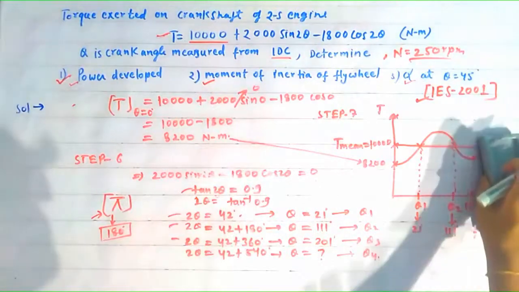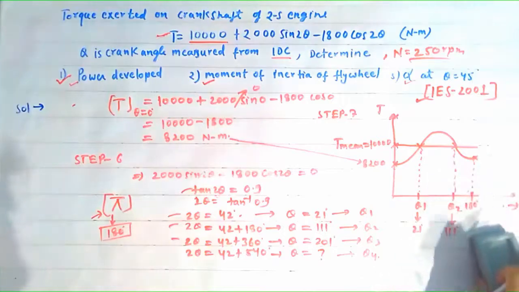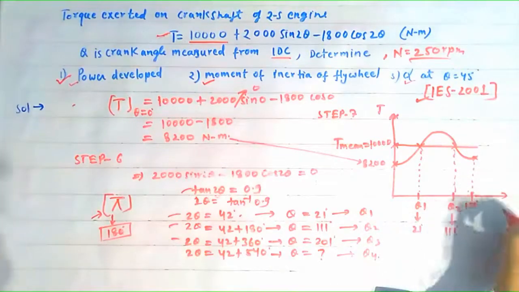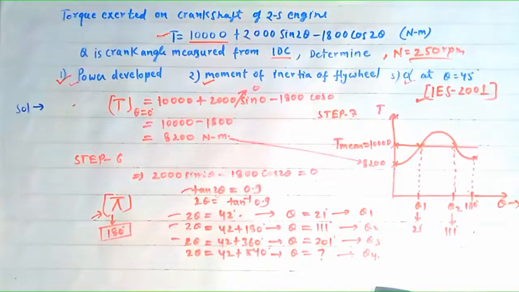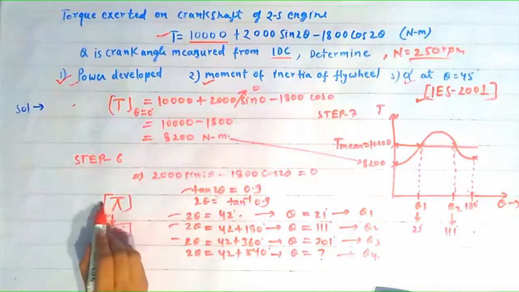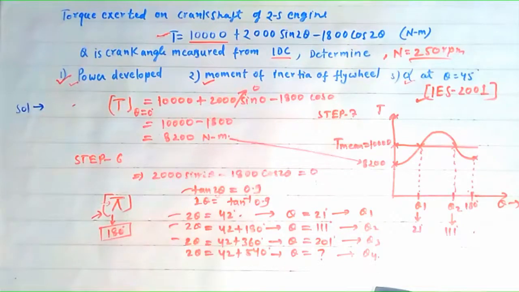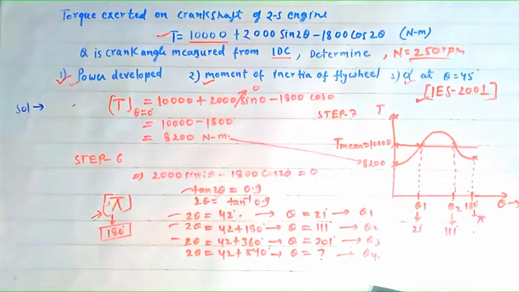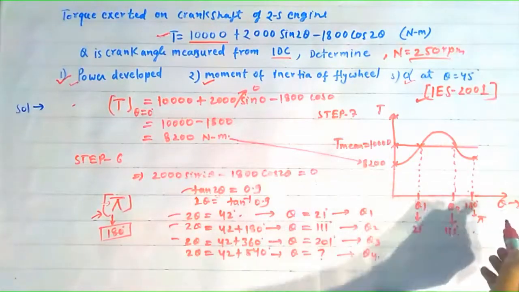So only this part of the diagram is needed because it corresponds to one cycle, and the rest of the diagram we do not need. We need up to one cycle, that is pi, that is the time period. Okay friends, so this is our T versus theta diagram.